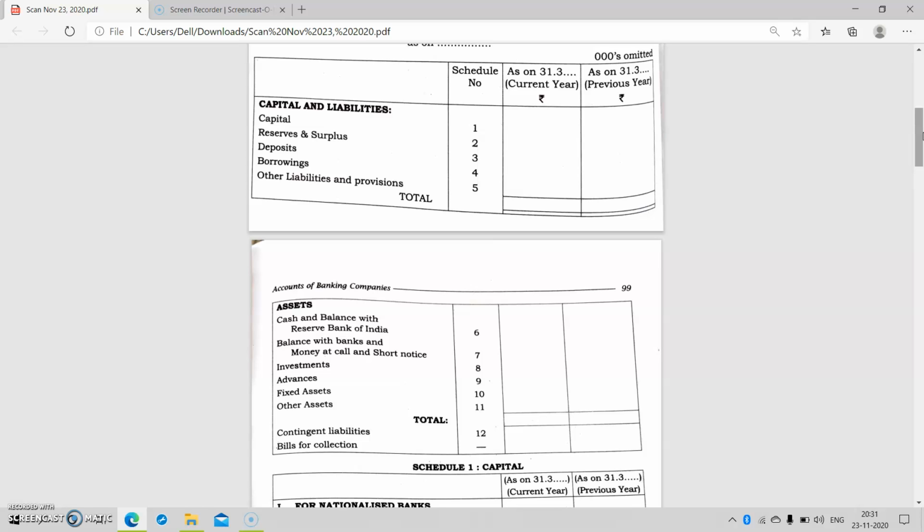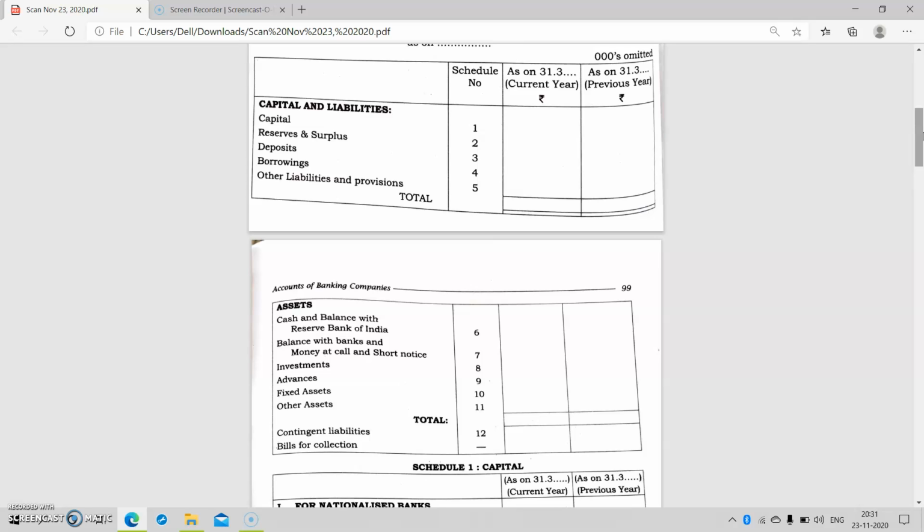So for capital and liabilities, the first one, capital, is schedule number 1. First we'll see in brief what the components of capital and liabilities are, and later we'll see these items in detail. Capital is schedule 1, reserves and surplus is schedule 2, deposits schedule 3, borrowings schedule 4, and other liabilities and provisions schedule 5.